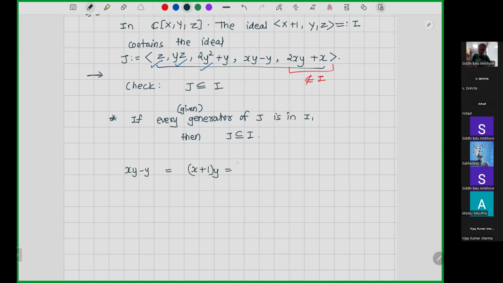If I do this, what is this? This is xy plus y, and now we have minus y. Yes, Subhadeep, the argument for 2xy plus x is correct. So this element is at least in I, because it is x plus 1 into y minus 2y. So this is in I.